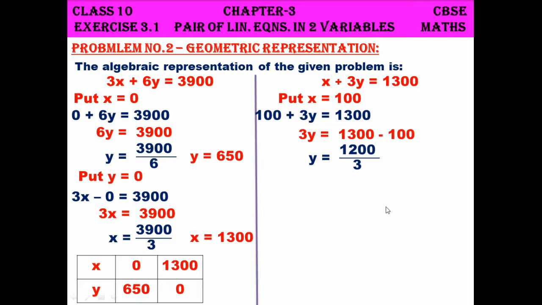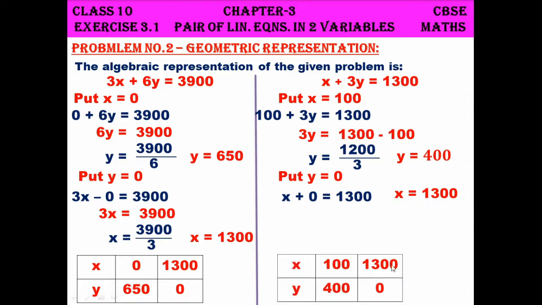So y equals 1,200 by 3, that is 400. So x equals 100, y equals 400 is my first set of values. And to get the next set, let me substitute y equals 0 so that I get x equals 1300 directly. Now let me tabulate these values: when x equals 100, y equals 400; when y equals 0, x equals 1300.